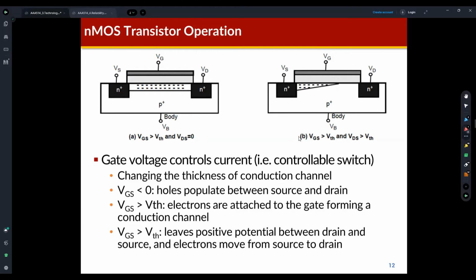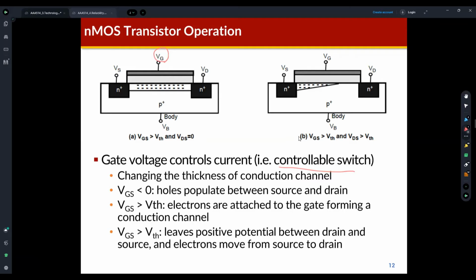Okay, so you can understand the MOS transistor is the controllable switch, and the electric charge flow in the MOS transistor is controlled by the gate voltage. Then how can we control this gate voltage?